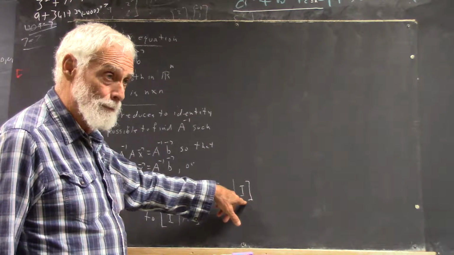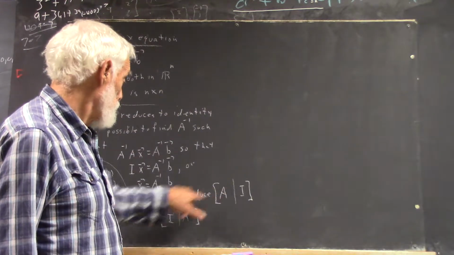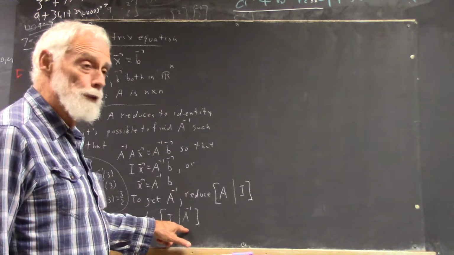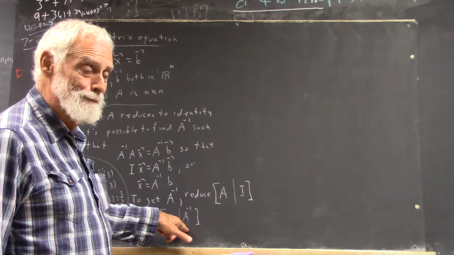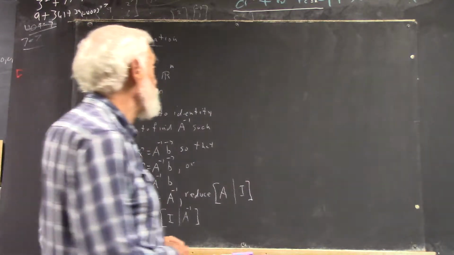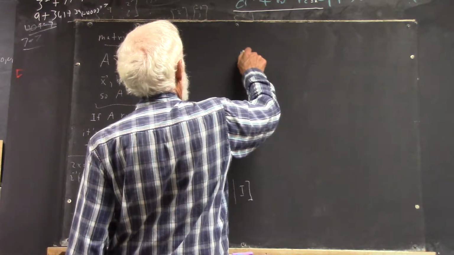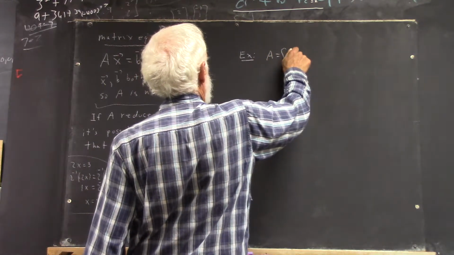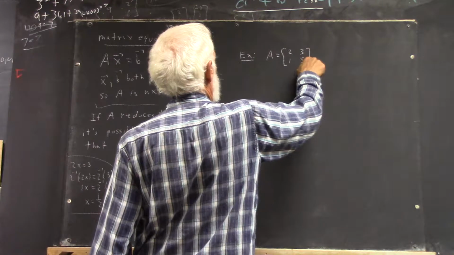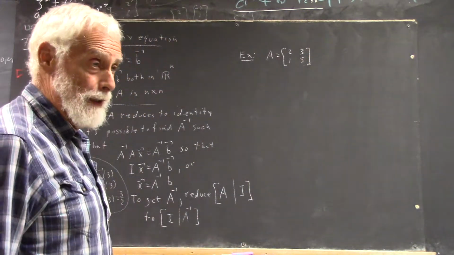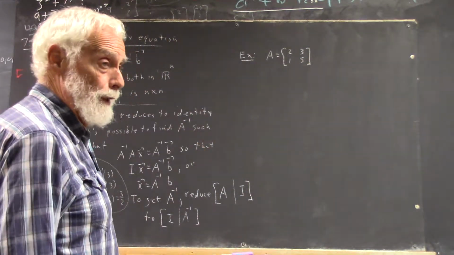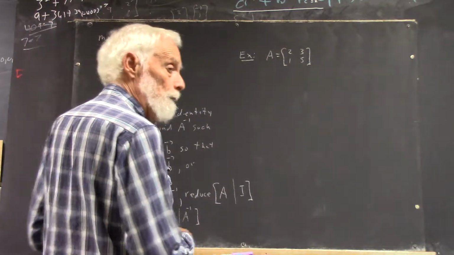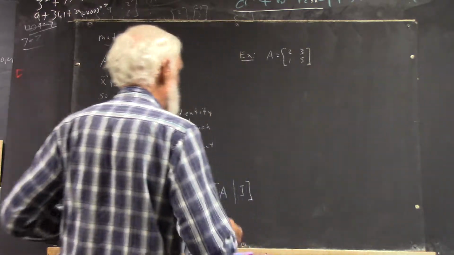Well, you reduce A down to I. And whatever I reduces to in the same process is A inverse. So for example, let A equal 2, 3, 1, 5. Clearly that's going to reduce to the identity because one row is not a multiple of the other. More complicated, of course, if n is bigger than 2.